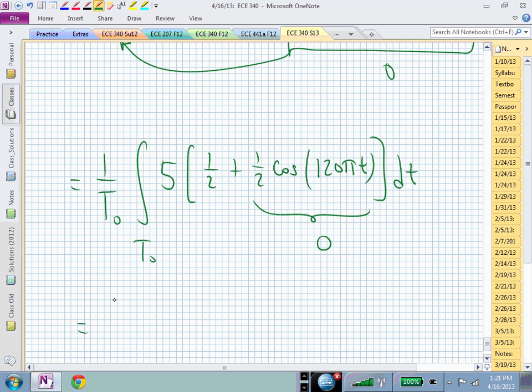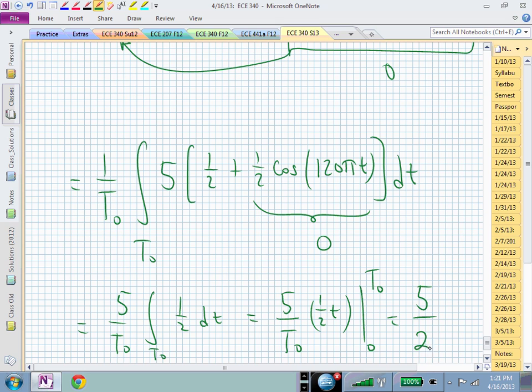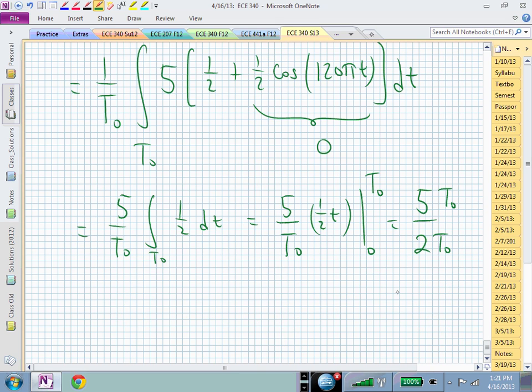And we're left with 1 over T naught integral over T naught of 1/2 dt. Let me put the 5 out front. And I now have 5 over T naught times 1/2 T, and we've done that before, haven't we? So we now have 5 over 2 T naught over T naught, or this D sub 1 is now 5/2.